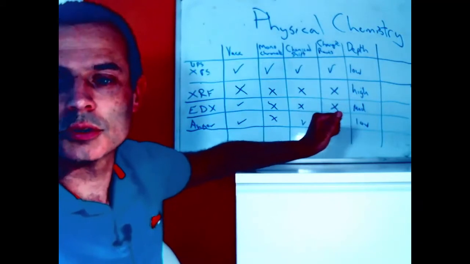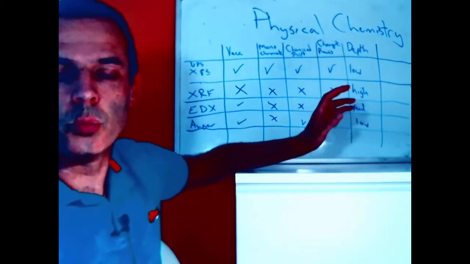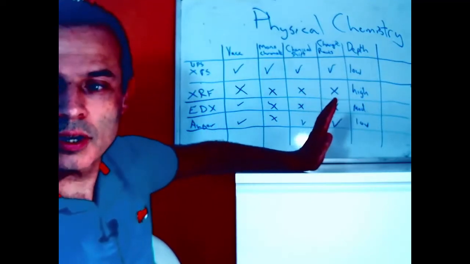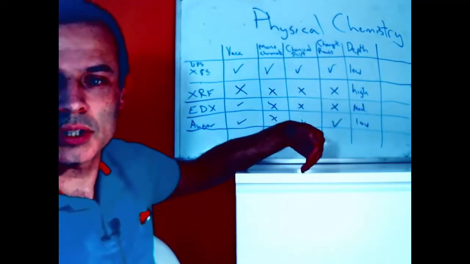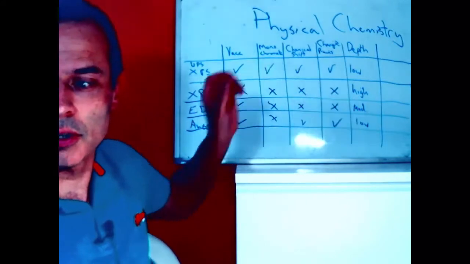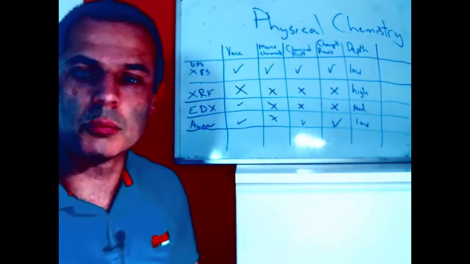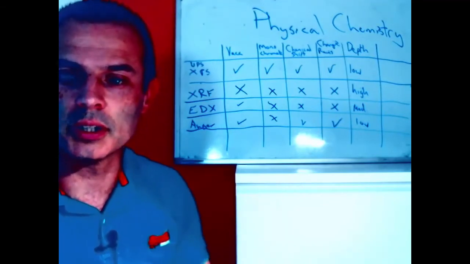If we look at electrons that come out at a lower angle, we will get them from a lower depth. If we look at them from a higher angle, they will be able to escape from deeper in our material. So we can change it to a certain extent, but we are limited by the physics of the technique.